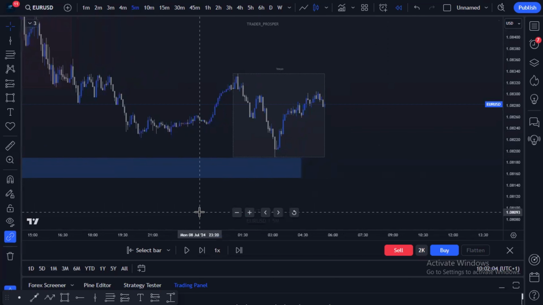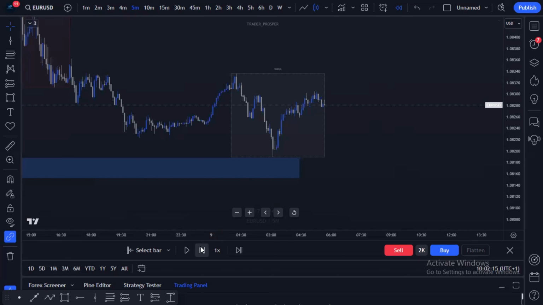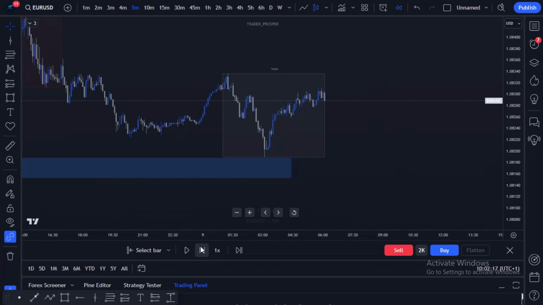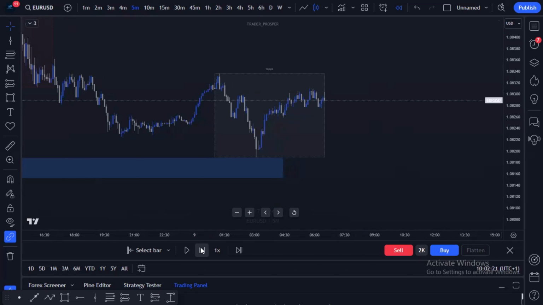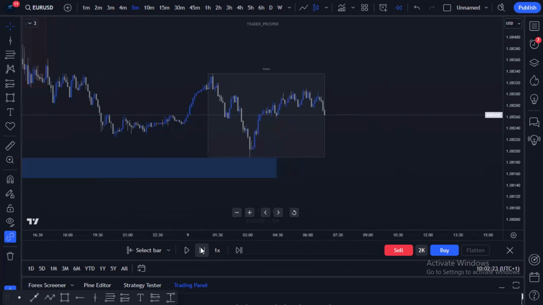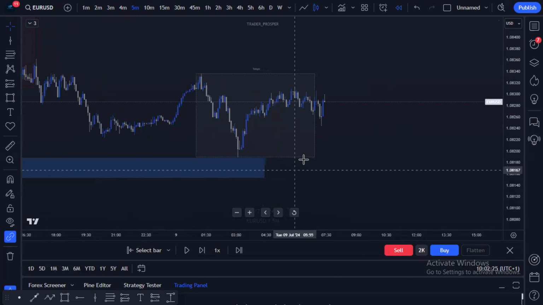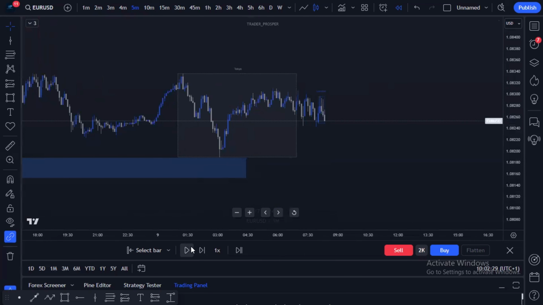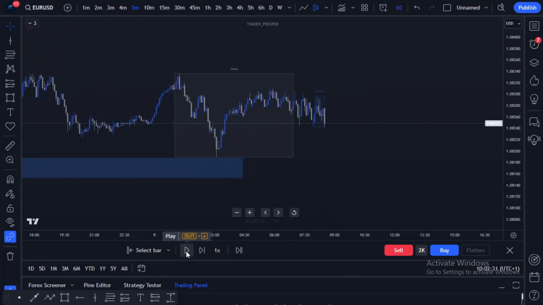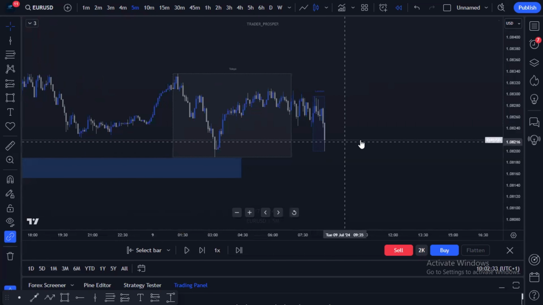So we'll just wait for the Asia section to complete its range in the market. All right, so the Asia section range is completed.